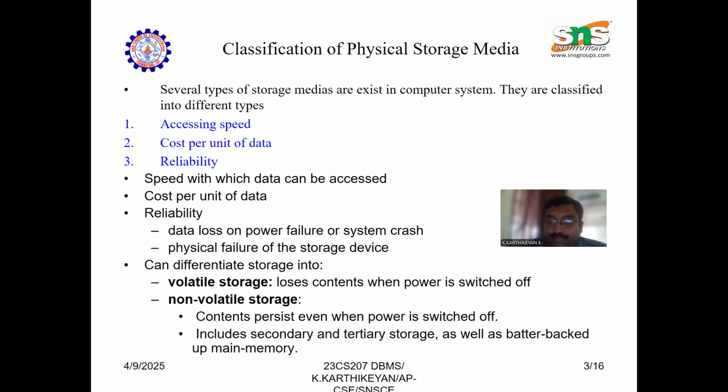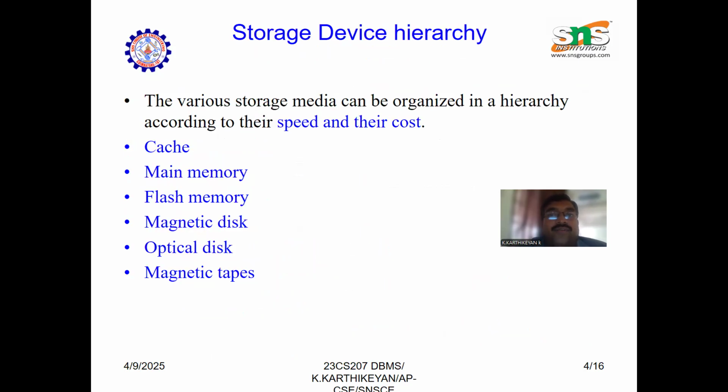The storage device hierarchy starts from speed and cost: cache and main memory, flash memory, magnetic disk, optical disk, and magnetic tapes. These storage media can be organized in a hierarchy according to this.